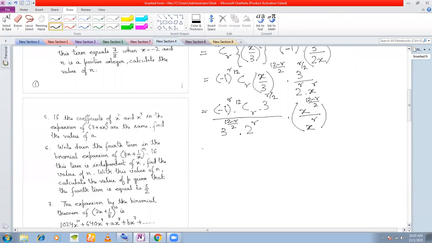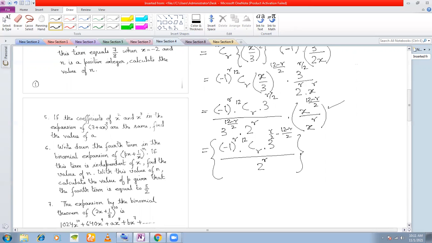For the simplification, this you get minus 1 to the power of r into 12cr into, you can simplify this a little also by writing 3 to the power of r by 2 minus 12 minus r by 2 divided by 2 to the power of r into, but what we need essentially is this. Okay, even if you don't simplify this expression, it is okay.